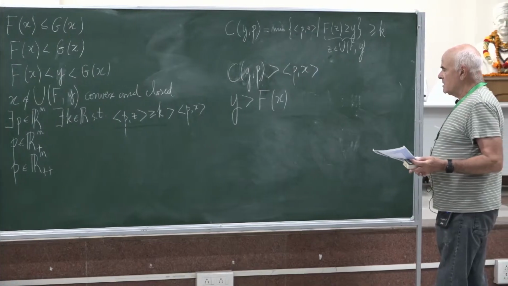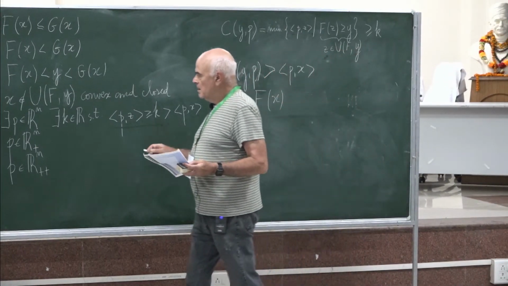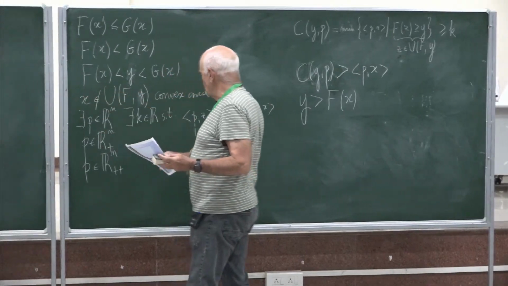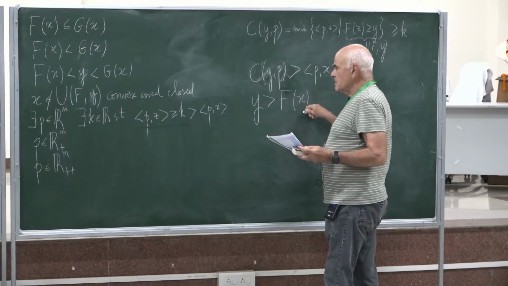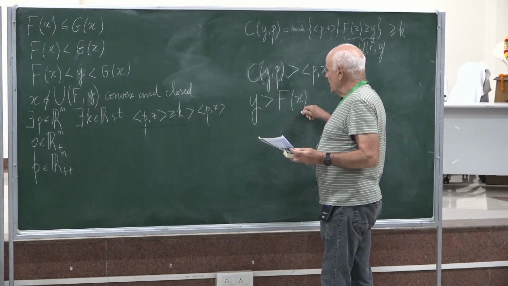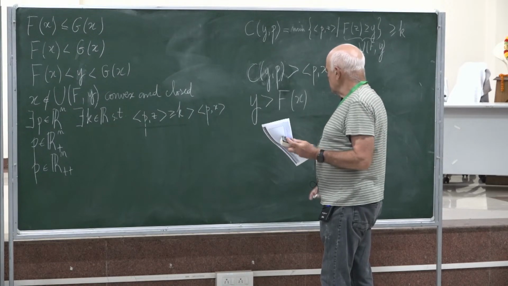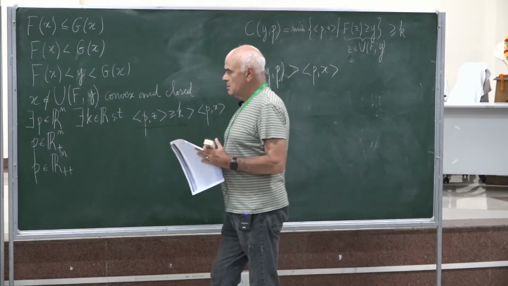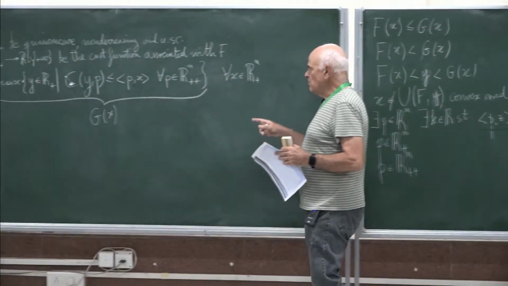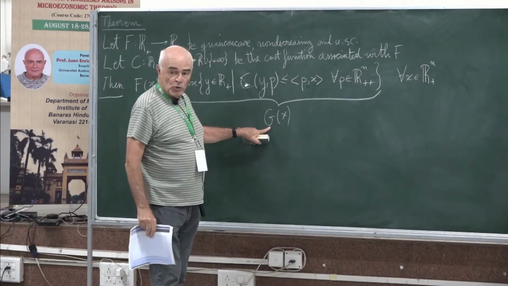Now it is correct. Then this y is not among those ones, so it is greater than the maximum of those y's, f of x. But the maximum of these y's is not f of x, it's what we call g of x.